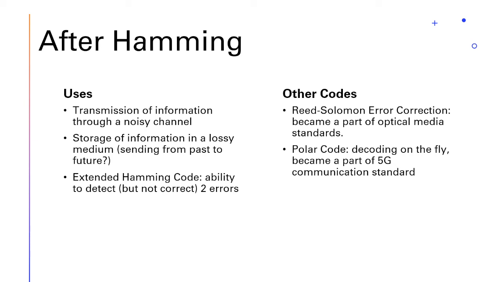Say a company has some hard drives configured in a RAID format, and one of them fails at a certain point. You can use Hamming code to recover the lost data, given that the number of failed hard drives is not too great.